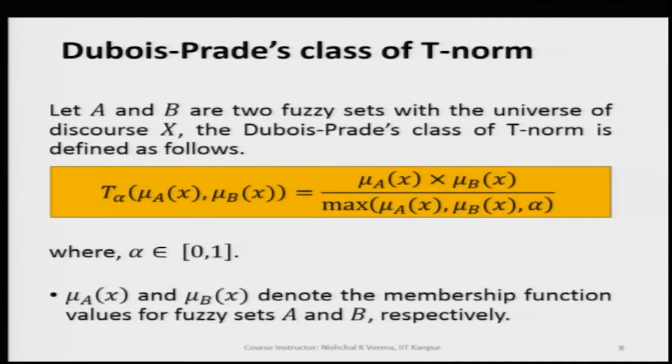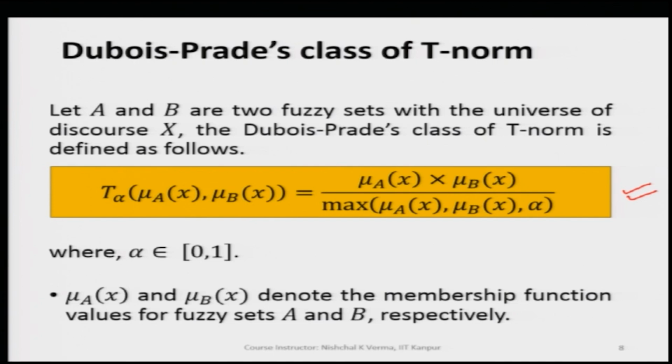Now, let us go to the Dubois-Prade class of T norm. If we take A and B fuzzy sets again, with the universe of discourse X, the Dubois-Prade class of T norm is defined by this expression you can see here, and here we have another parameter, that is alpha. So, we write this Dubois-Prade class of T norm as T alpha, and the alpha value can be from 0 to 1.